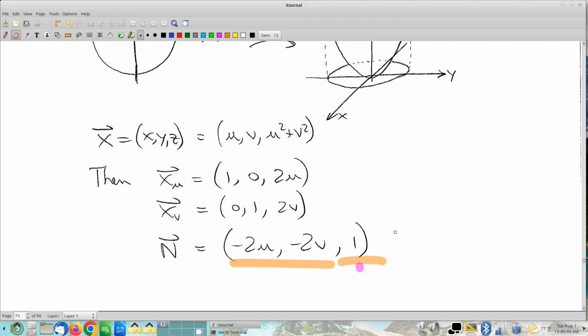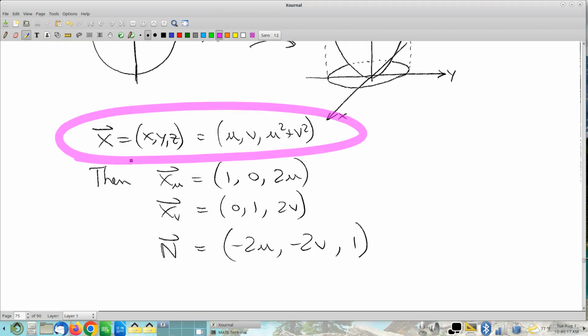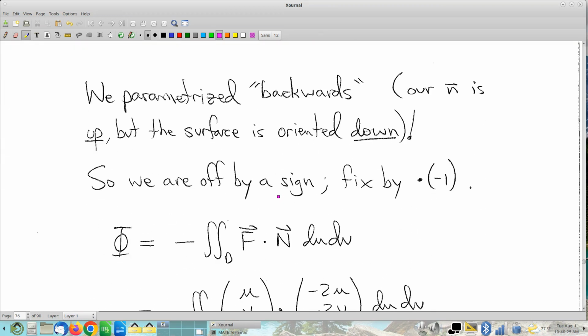What are we going to do? Do we have to start all over, with a different parameterization? What other parameterization would I even pick? This is clearly the easiest parameterization. I don't want to find a whole new parameterization and have to start over. The good news, we talked about this previously: if you parameterize backwards, like we did here, you're just off by a minus sign.